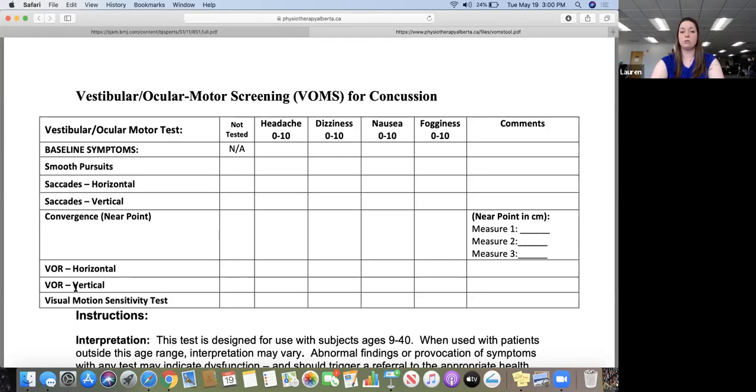Even with any kind of vestibular hypofunction, if one side's not functioning the same, these are all the things we're going to do to work on the accommodation of the vestibular system to retrain the brain.